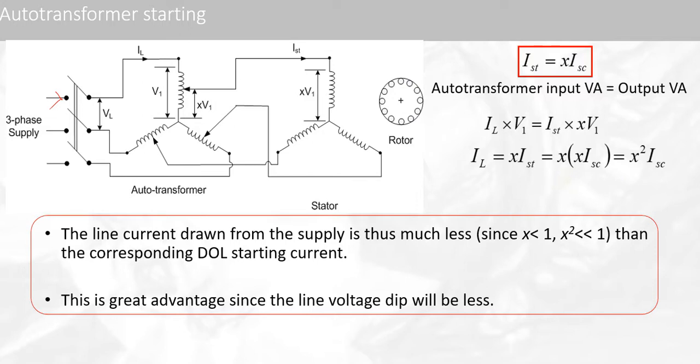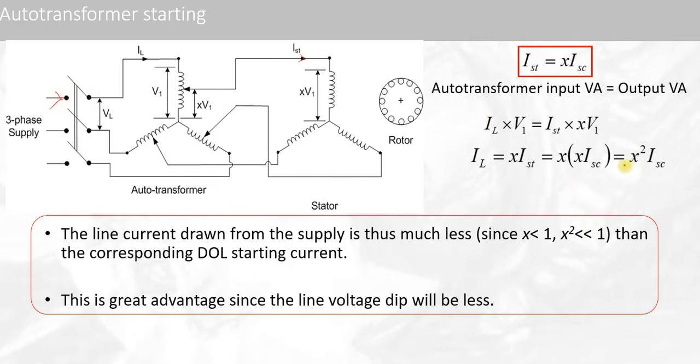So the advantage of auto transformer starting is that the motor starting current is reduced by a factor X, and similarly the current drawn from the main supply is reduced by X square, that is X square into ISC.